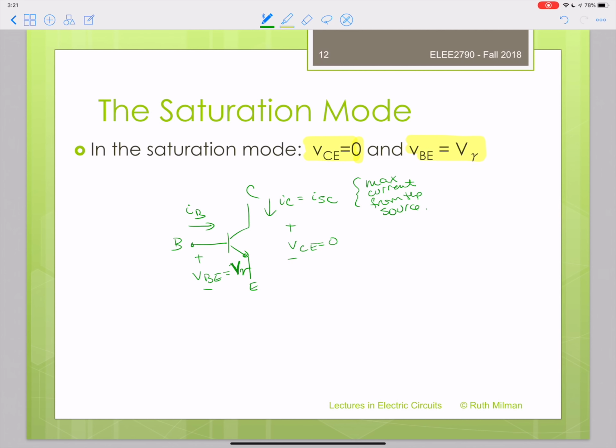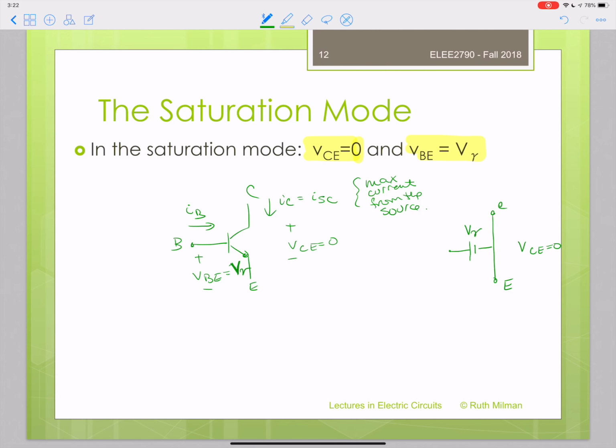And if you wanted to actually model this with a circuit diagram, then you end up having a battery in the same place that you had before. And with that battery, we have a connection from C to E that is direct. The voltage from C to E is equal to 0.